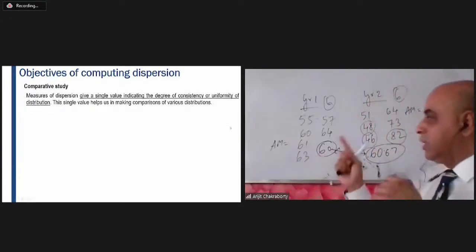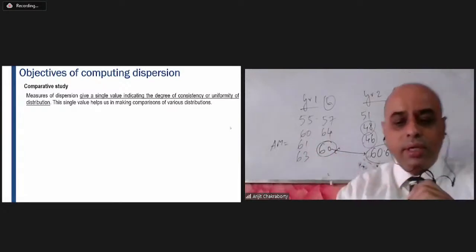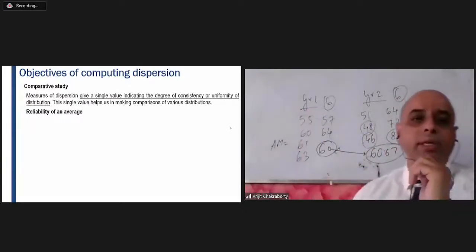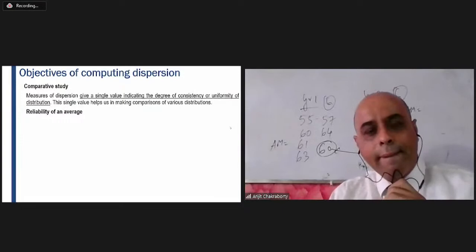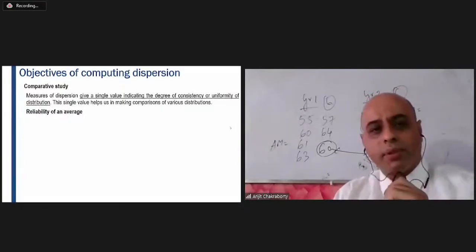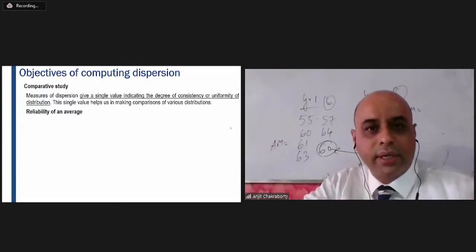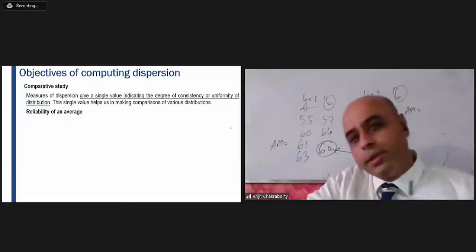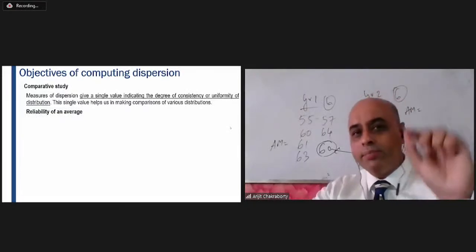So just by looking at the values and the nature of the observations, we can easily understand that out of these two classes, group 1 is better in terms of performance. Similarly, let me give you another example, very, very important. All of you know about share market and stock market. You are also studying about it in your BCK, business and commercial knowledge.